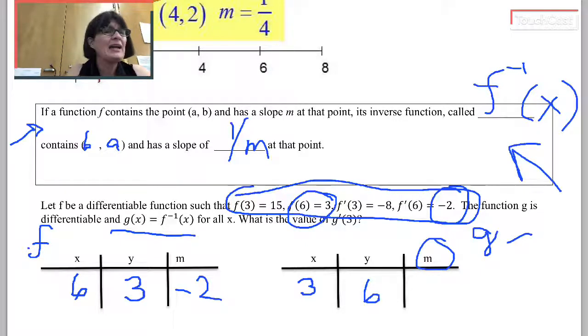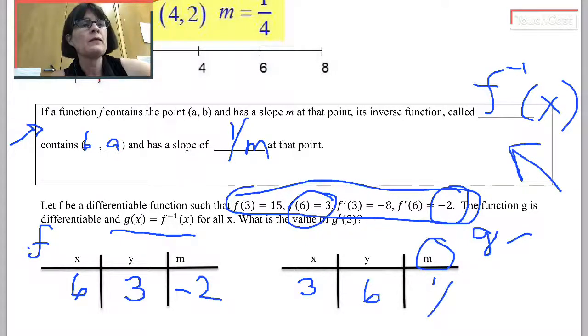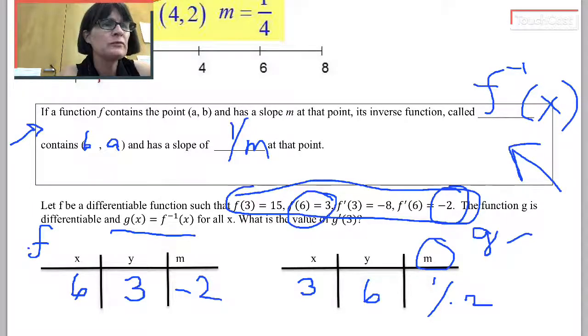And if the slope of f at x equals 6 is negative 2, how do I find the slope of g, the inverse of f, at x equals 3? Well, that's going to be the reciprocal of the slope. These are corresponding points, 6 comma 3 on the f function and 3 comma 6 on the g function, so 1 over negative 2. That's 1 divided by negative 2, or negative 1/2.